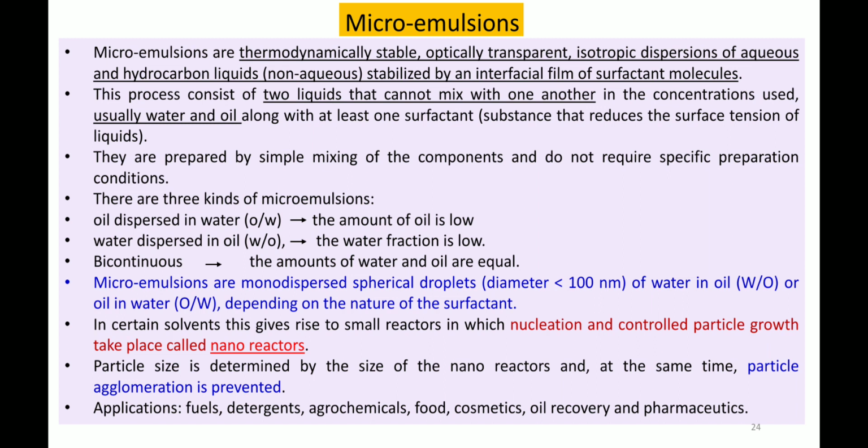So as you can see, the microemulsions are thermodynamically stable, optically transparent, isotropic dispersions of aqueous and hydrocarbon liquid. They are stable in the sense that with temperature, at room temperature, their structure remains stable.